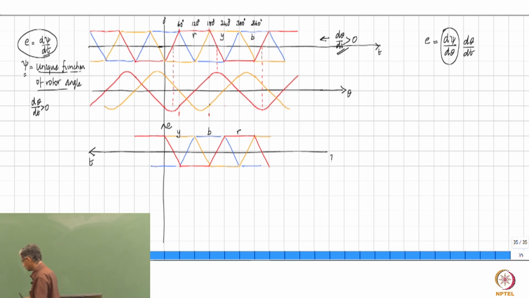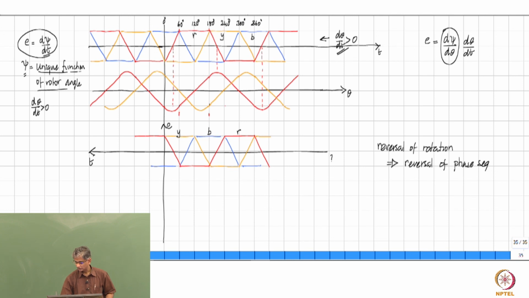So this means that opposite direction or reversal of rotation means reversal of phase sequence. Here it was R, Y, B sequence, whereas here it is R, B, Y sequence.